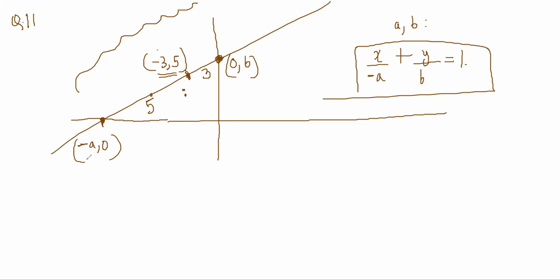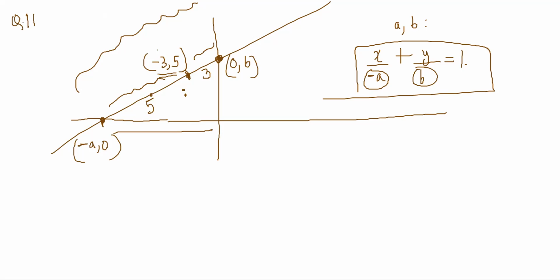Correct. The x-intercept is minus a in this case, and the y-intercept is b. You can just solve it, it's very easy. 5 is to 3 ratio. Yes, sir, got it. Next one. Next one, I have a doubt in the 14th question.